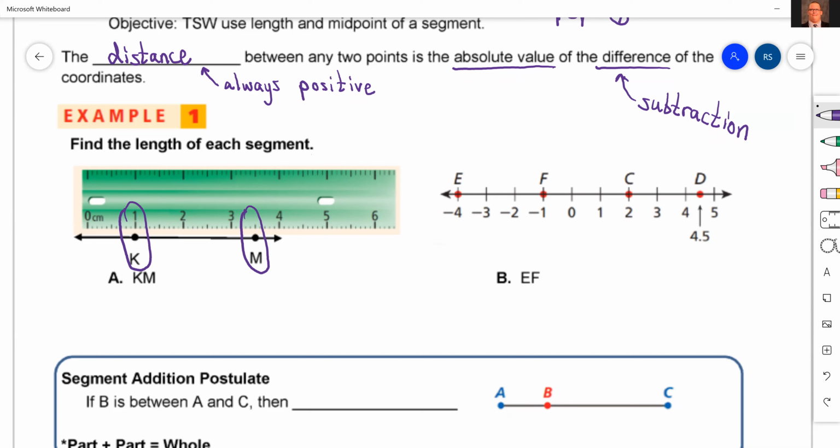Now we're ending at m, so if I wanted to find the distance, I could say absolute value. What would we say m is? 3 point, looks like it's in the middle, so 3.5. That's where we ended. Where'd we begin? We began at 1. So 3.5 minus 1. It's going to equal the absolute value of 2.5, which is just 2.5.